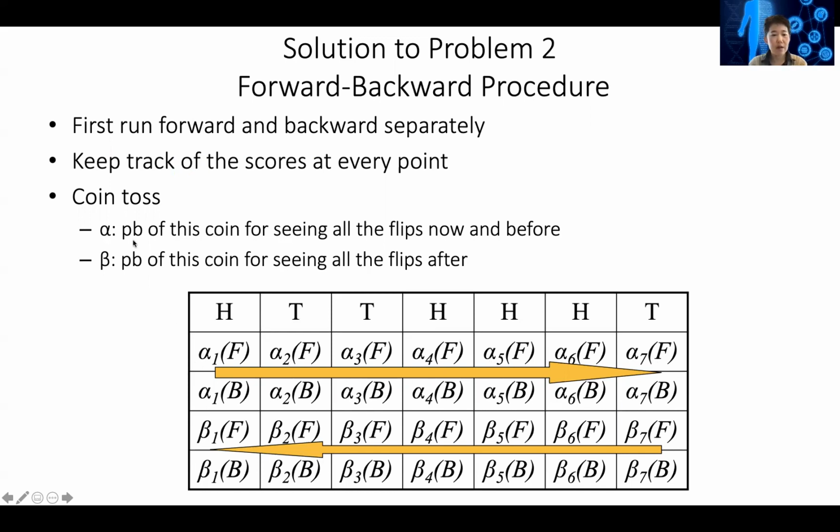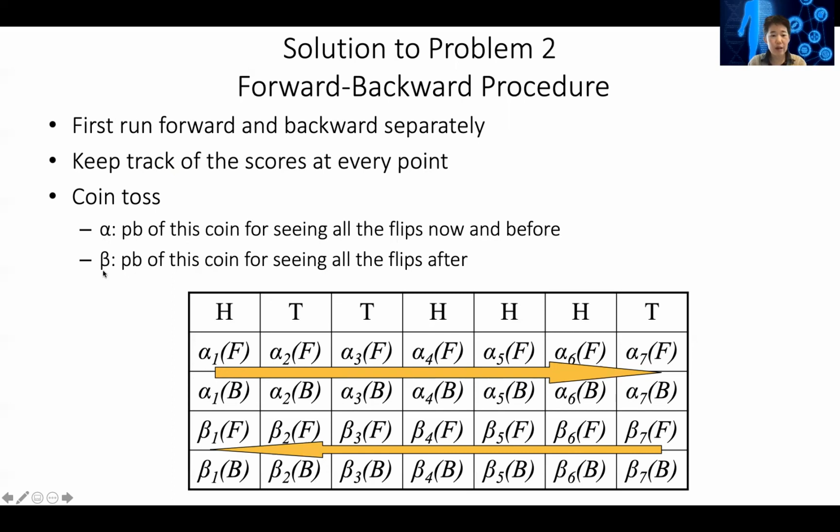They tell us the probability of using this coin in order to see all the flips now and before. So at this location, I'm seeing a T. What's the probability I'm using a fair coin now in order to see this tail and all the flips before? So you calculate all the alpha numbers here.